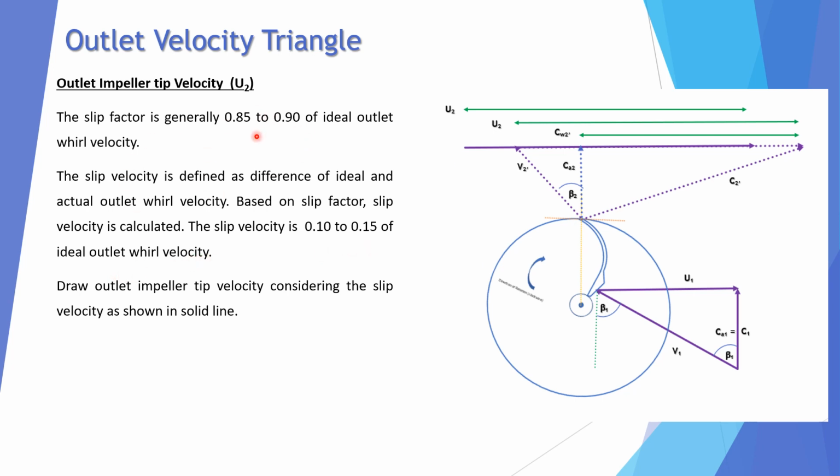So slip factor will be 0.85 to 0.9 of ideal outlet, but slip velocity will be the difference, that is 0.10 to 0.15. So draw the outlet impeller tip velocity considering the slip velocity. So this is the slip. You have to draw one more outlet impeller tip velocity considering the slip.